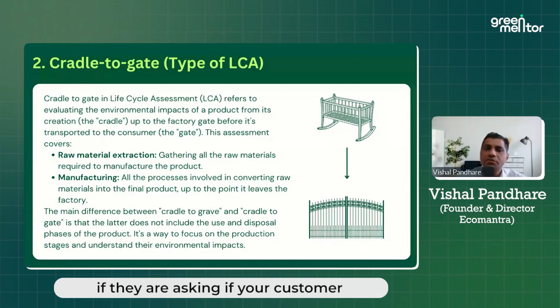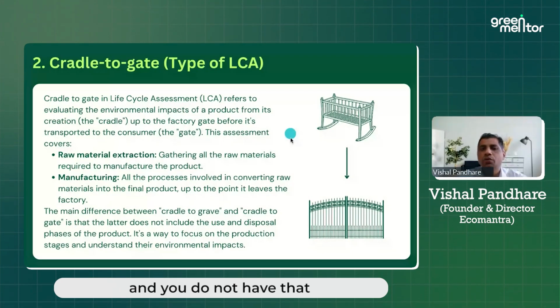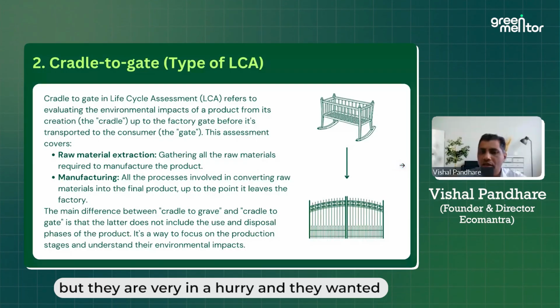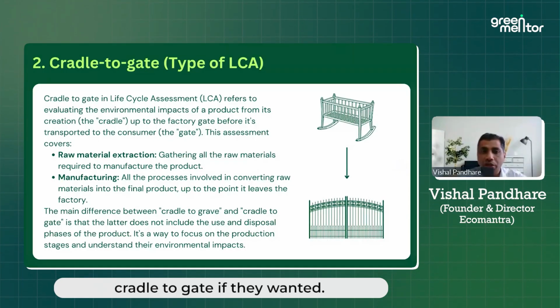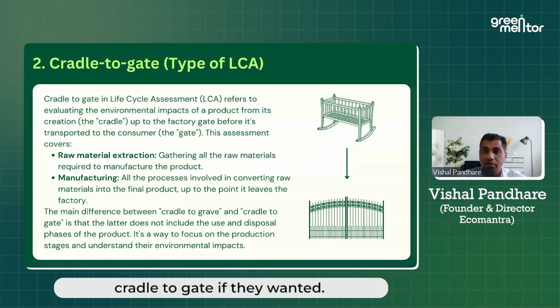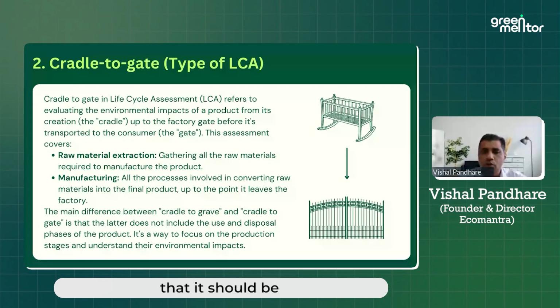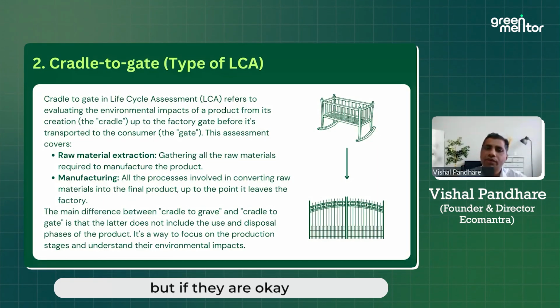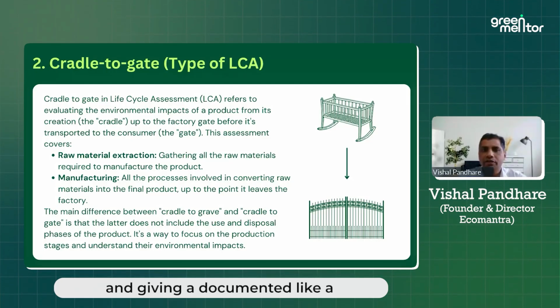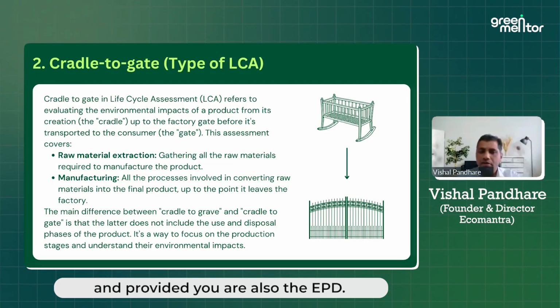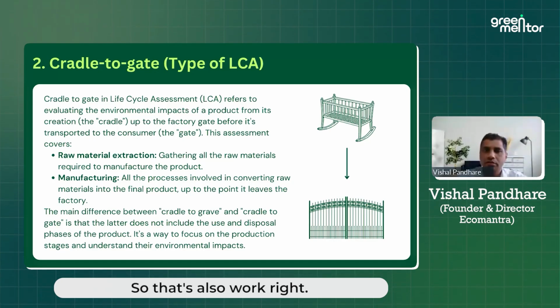If your customer is asking for the EPD and you do not have that much time, but they are in a hurry and they want cradle to gate, okay. Otherwise, I already recommended that it should go for cradle to grave. But if they are okay and give documentation saying we are okay with the cradle to gate approach and deliver us the EPD, then that also works, right?